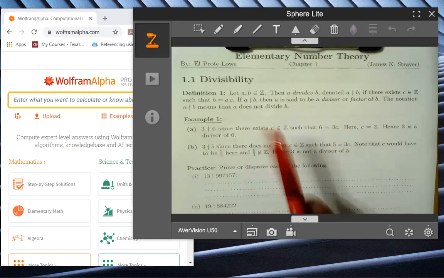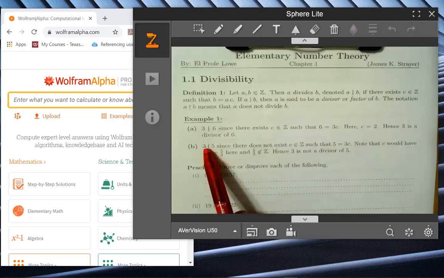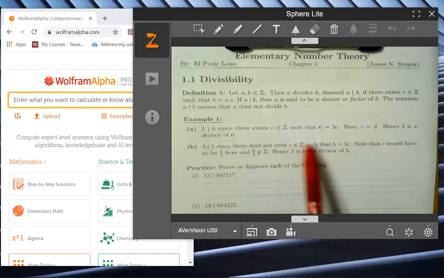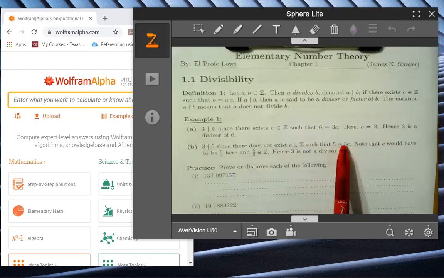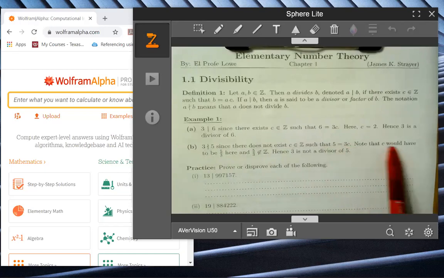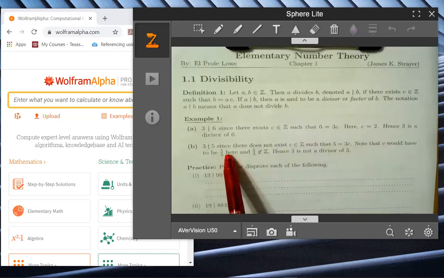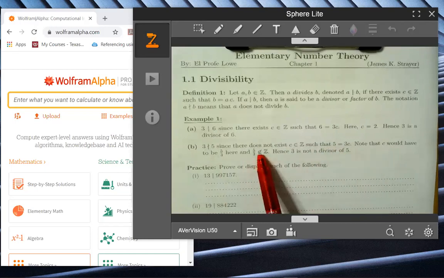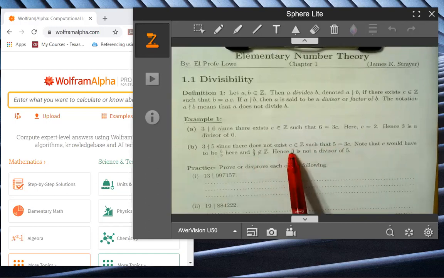However, 3 does not divide 5 since there does not exist an integer C such that 5 is equal to 3C. Note that C would have to be 5/3 here if this was going to be a true equation, since 3 times 5/3 is 5. But 5/3 is not an integer. Hence, 3 is not a divisor of 5.